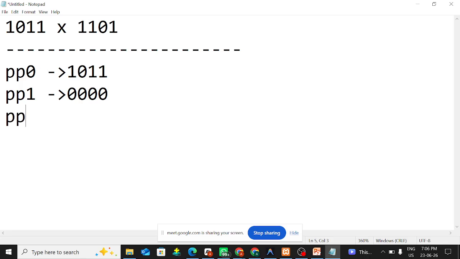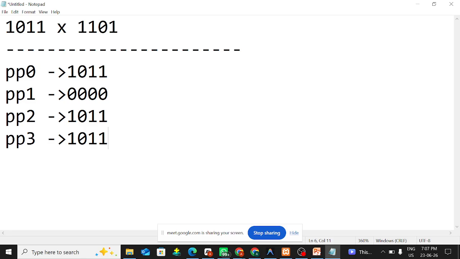Then PP2 will be the same, since multiplying 1 with 1 keeps everything the same. And for PP3, your 1 is multiplied with this number, so it becomes 0 1 0 1 1. So these are your partial products now.